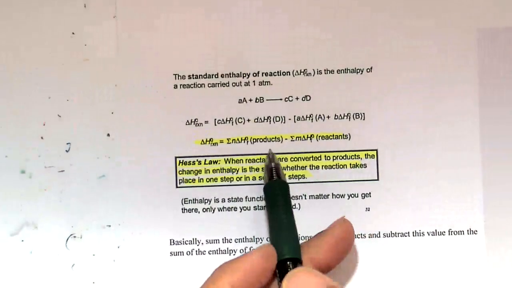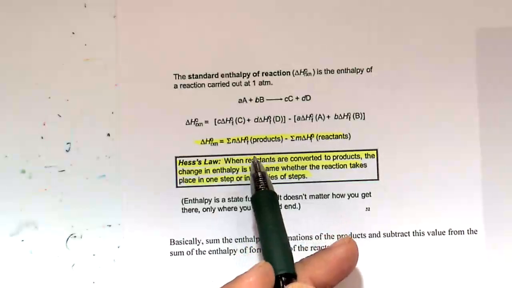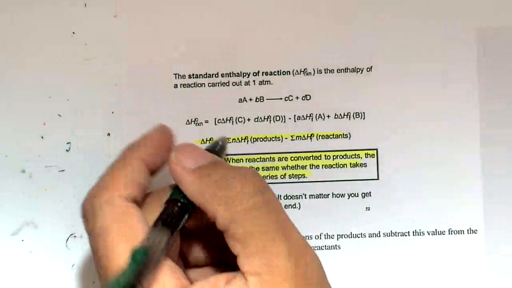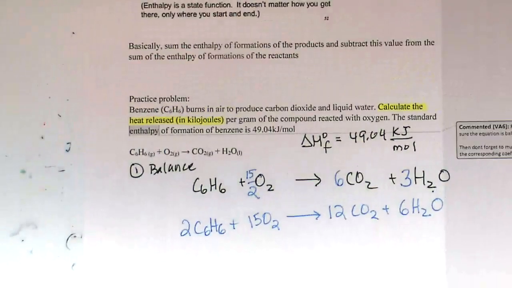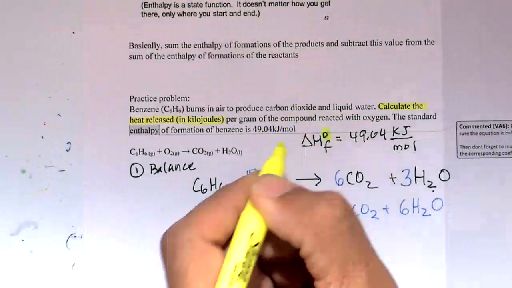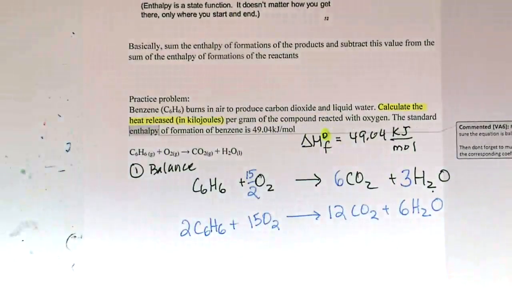So we will utilize this equation up here: sum of the products minus sum of the reactants. This will give us the delta H of the reaction in standard state conditions. Why is it standard state? Because of this little naught symbol. It tells us it was in standard state conditions.